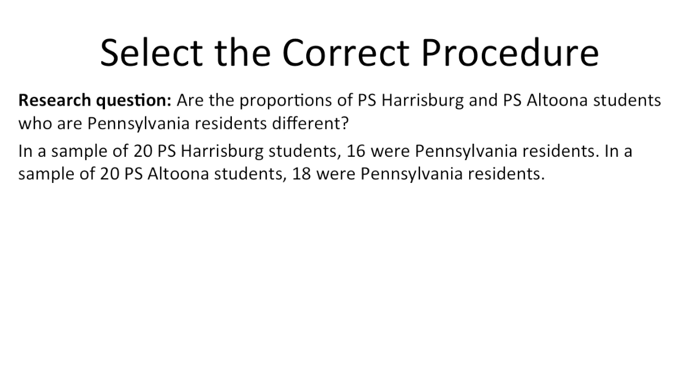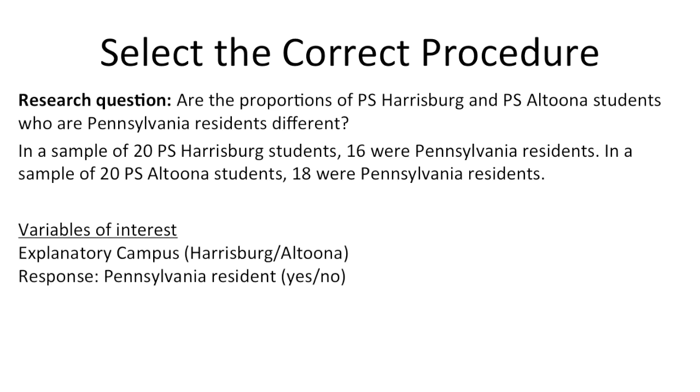In a sample of 20 Penn State Altoona students, 18 were Pennsylvania residents. Our explanatory variable here is campus, because we're comparing the Harrisburg and Altoona students. Our response variable is Pennsylvania residency. Each student was asked if they're a Pennsylvania resident, yes or no. This is a categorical variable.